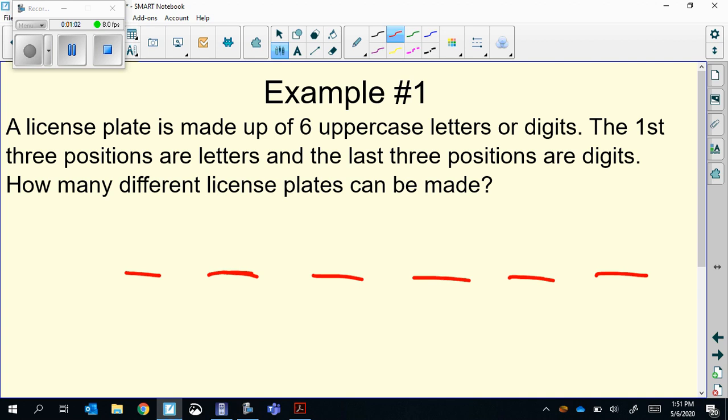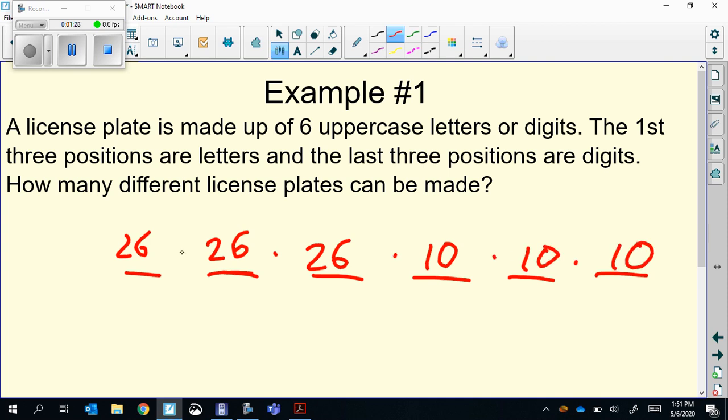If there's letters, that means A through Z, that's 26, and that goes into each of these options: 26 options, 26 options, 26 options, and then the digits could be 0 through 9, so that's 10, 10, and 10 options for each of those numerical digits.